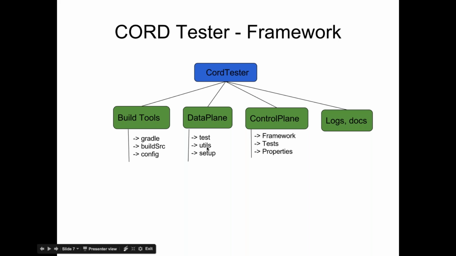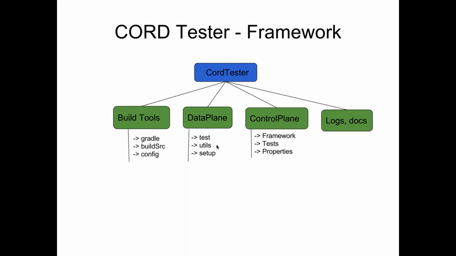Under that there is a utils directory. In this utils directory, most of the framework that is isolated to each component is put, so when you go to the utils directory you would see the framework expansion for each of the components. Likewise you have a setup directory.